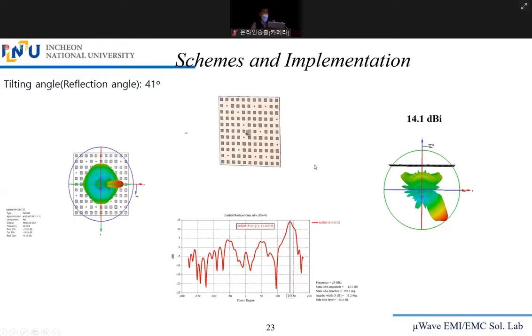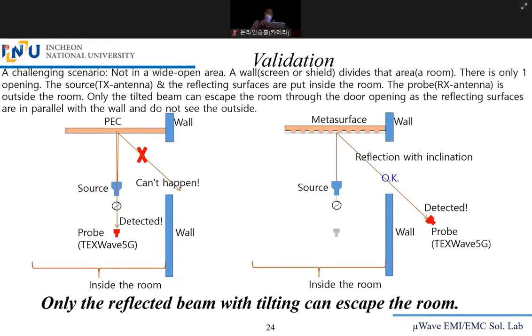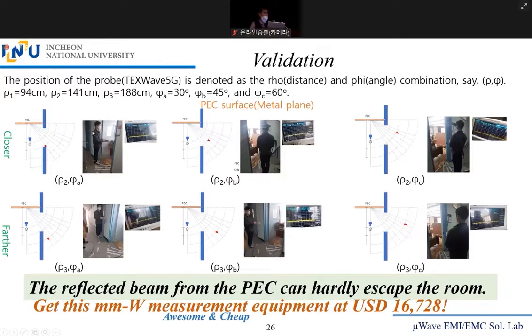To have good angular distinction or discrimination, you should go many steps away from the door here. Another of my research assistants is holding the probe we developed. Get this millimeter wave measurement equipment at $16,728 US dollars.